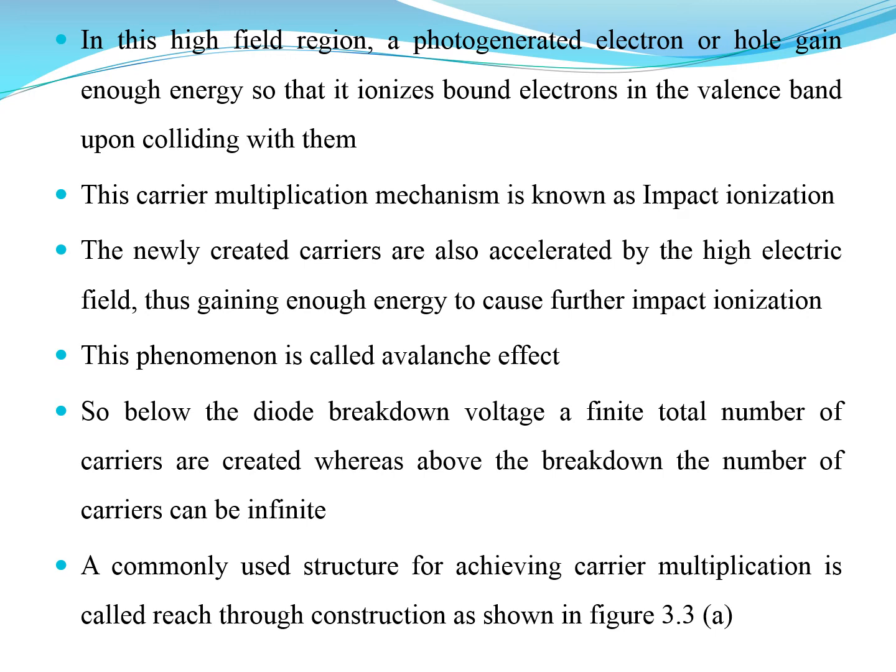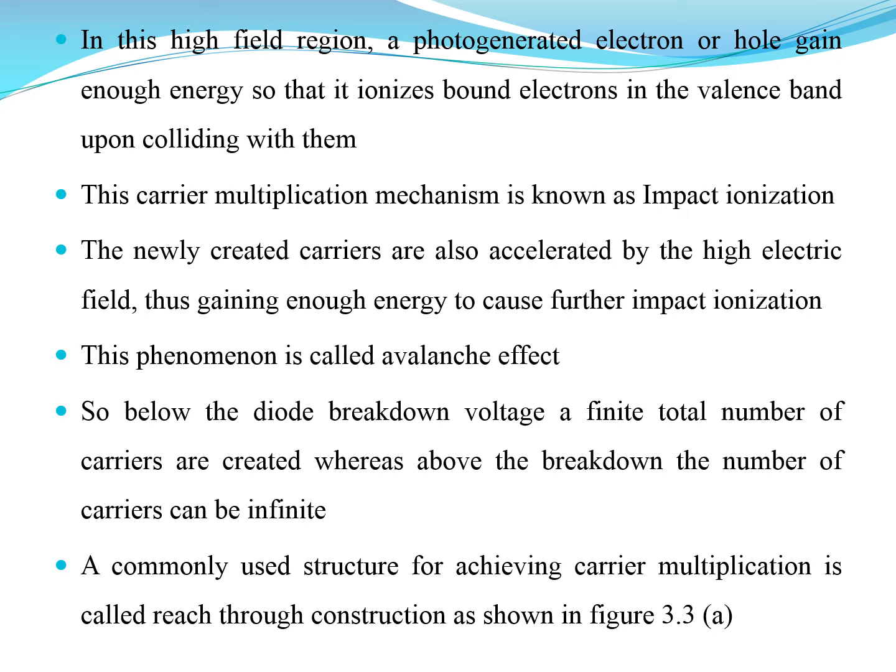This carrier multiplication mechanism, which we come across in this particular high field region, is known as impact ionization. Similar kind of operation, the carrier multiplication, or what we call recombination, is done in a PIN photodiode.